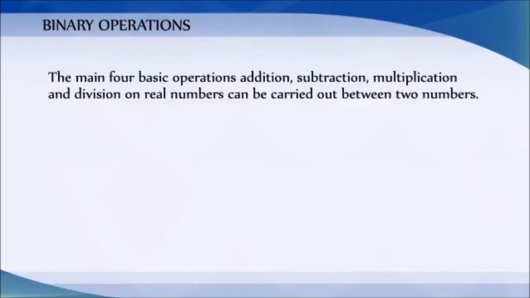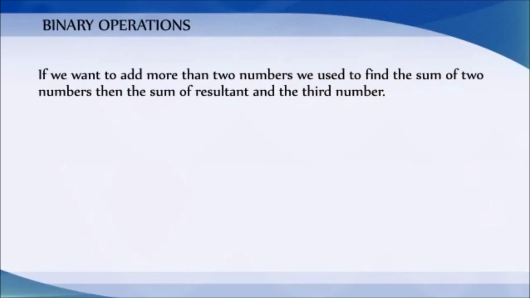The four basic operations, addition, subtraction, multiplication and division, on real numbers can be carried out between two numbers. If we want to add more than two numbers, we find the sum of two numbers, then the sum of the resultant and the third number.